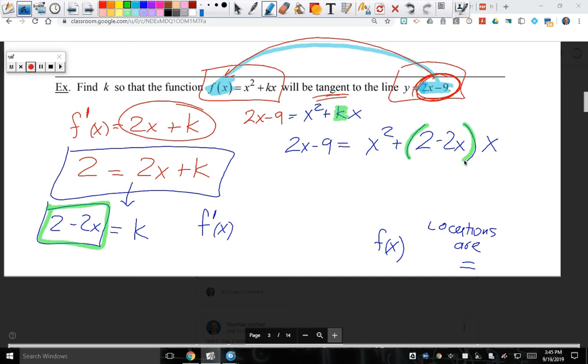It was because of a two-letter word. At. Because at that x location, the slopes are the same and the y values are the same. Okay? So now if I were to solve this, I have, here we go, x squared plus 2x minus 2x squared.